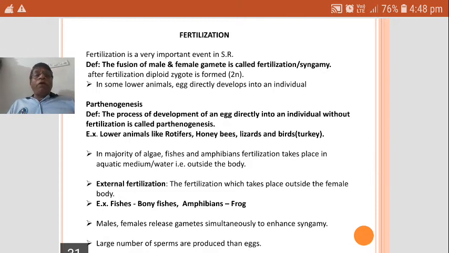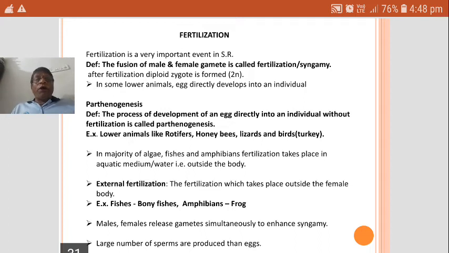After formation of gametes, the fertilization must take place. Okay. It is one of the important events in sexual reproduction.